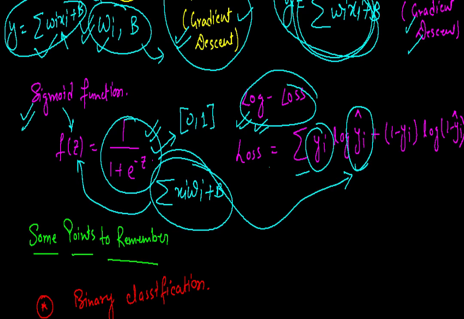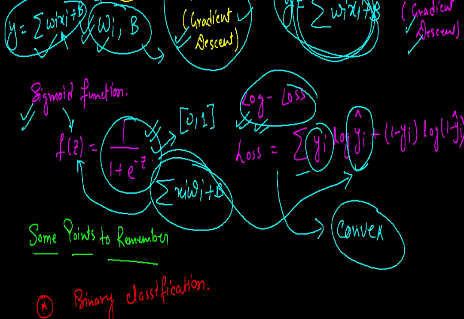So you must be thinking why this function has been taken as the loss function. There can be a lot of functions; we could take any variant of yi and yi cap, right? Why this function especially? If you look into the mathematical part of this function, you will find that this log loss function is always a convex function.